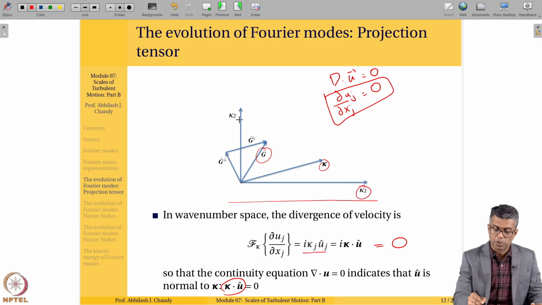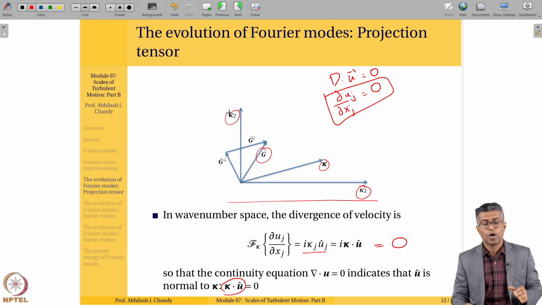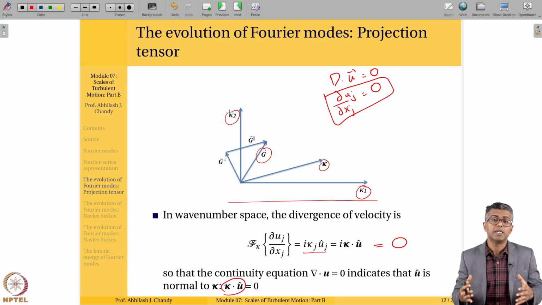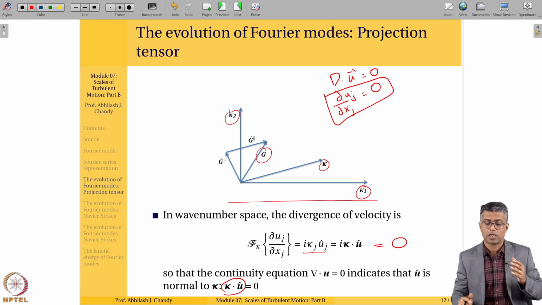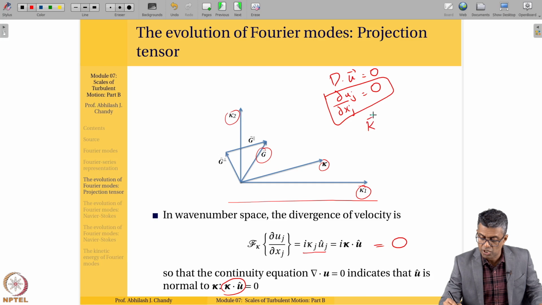This is the wave number space, kappa 1, kappa 2. Obviously, it's a 3D space, but kappa 3 is not shown here just for simplification. But it's a 3D wave number space, kappa 1, kappa 2, kappa 3.